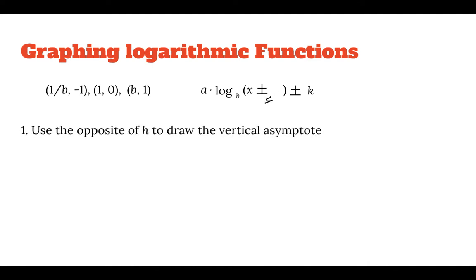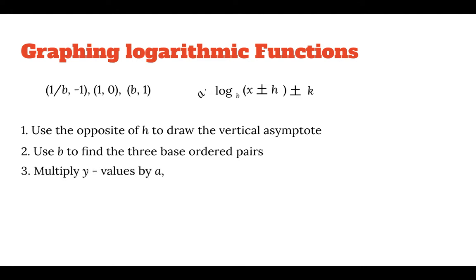So the steps that I want to use: Step 1, I will use the opposite of h to not draw a horizontal, but to draw a vertical asymptote now. Step 2, I'm going to use the base b to find the three base ordered pairs: 1 over b, negative 1; 1, 0; b, 1.